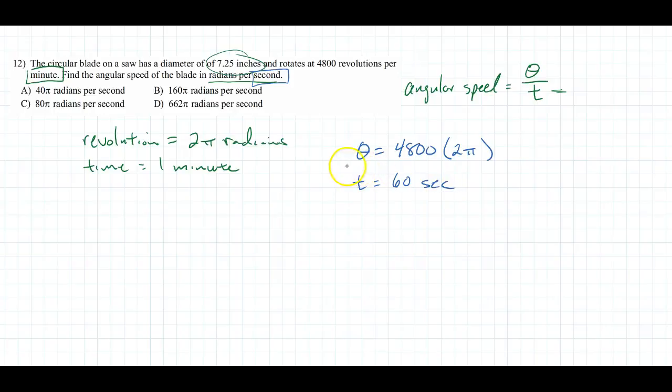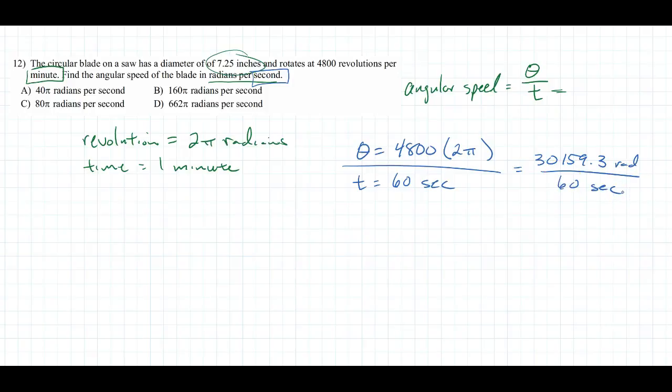So all we have to do is a little bit of division. So 4,800 times 2 pi is going to give me 30,159.3, that's radians, per 60 seconds.